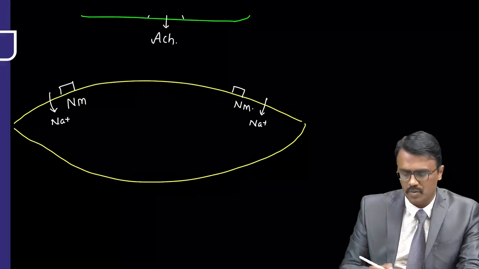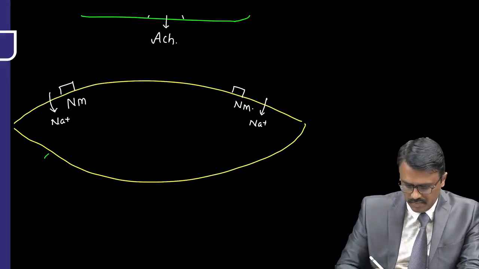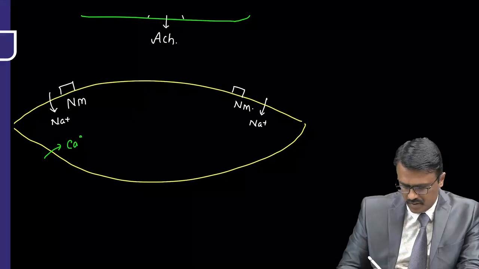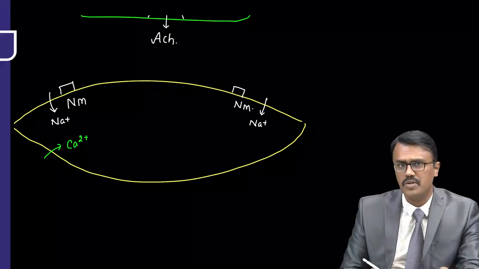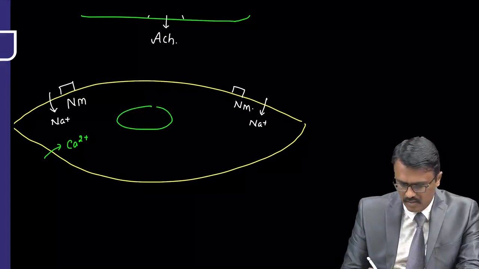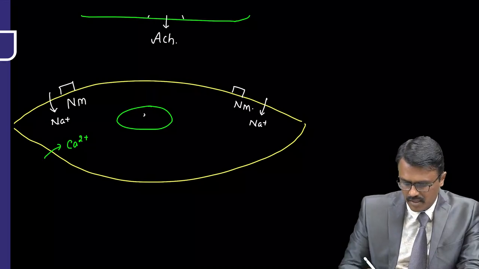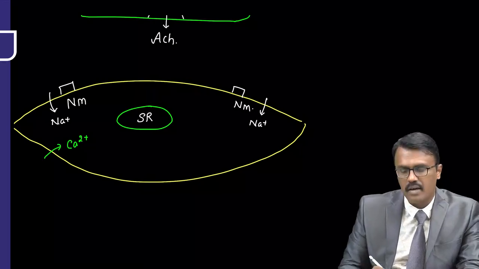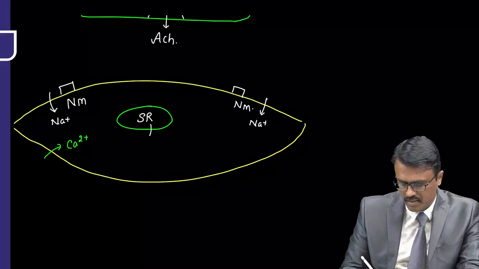Along with sodium, calcium also enters inside. Sodium and calcium are positive ions, and they enter the muscle. In the muscle, there is a reticulum called the sarcoplasmic reticulum, and there is a receptor which releases calcium from there also.